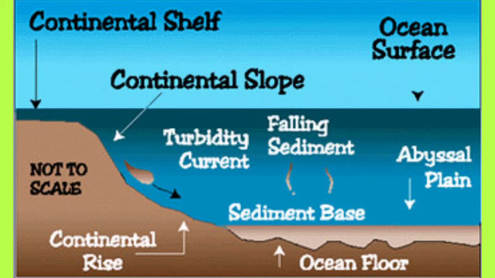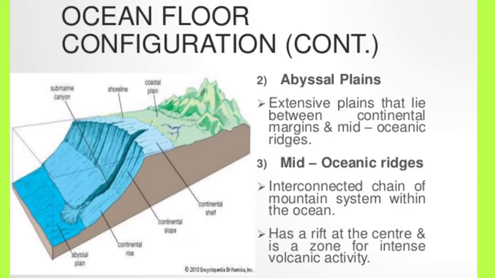Abyssal plains cover more than 50% of the Earth's surface. They are the areas where the continental sediments that move beyond the margins get deposited.